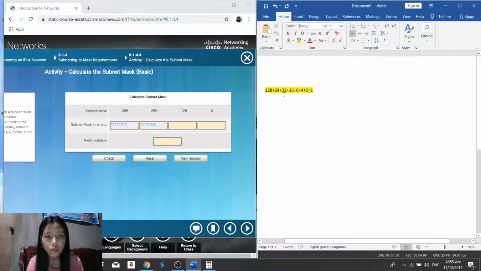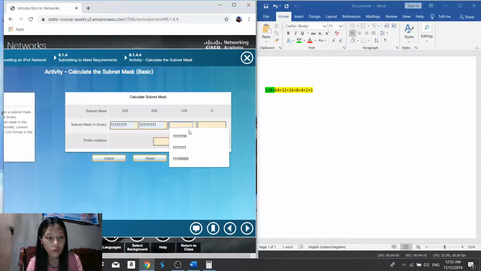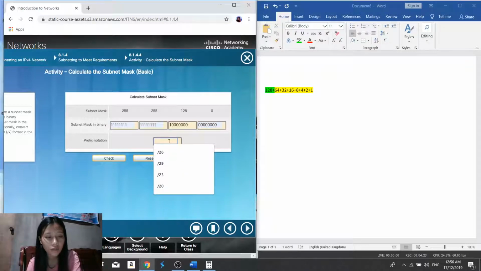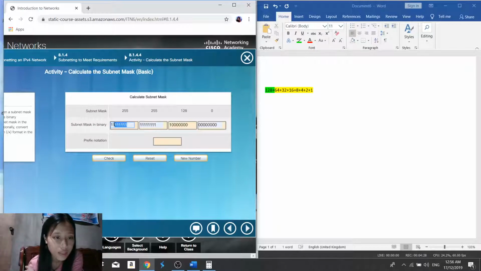So as you can see, it is 128, so we put 1 and then all 0s, and 0.